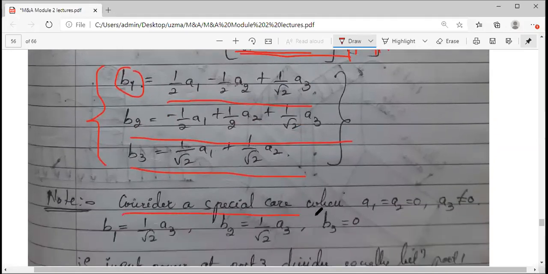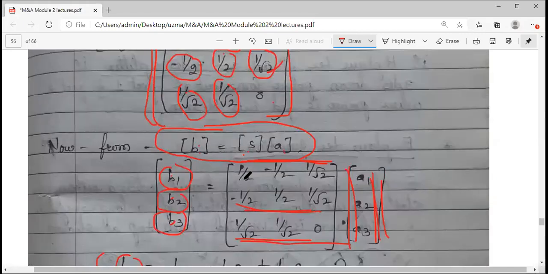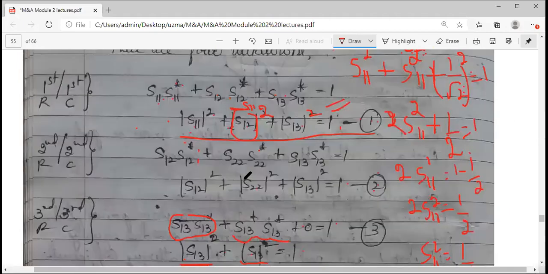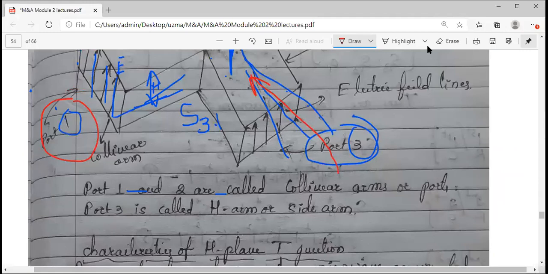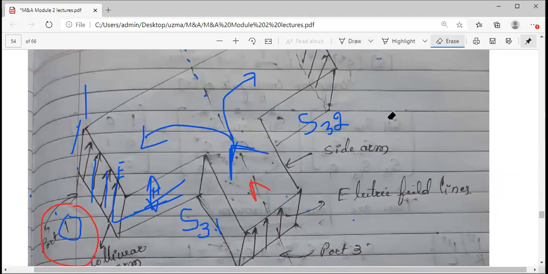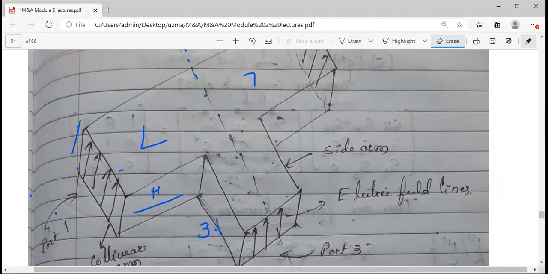After this, suppose I consider a case when A1 and A2 are equal to 0. What do you mean by A1 equals 0, A2 equals 0, and A3 not equal to 0? The meaning of this is, I am considering a case when I am applying the power through port 3.